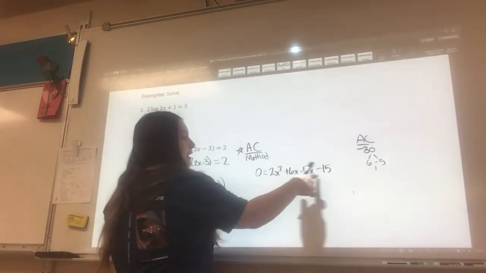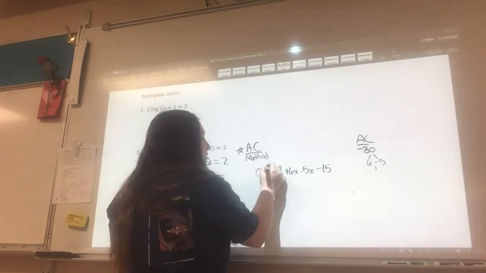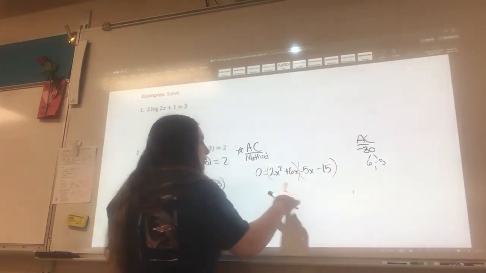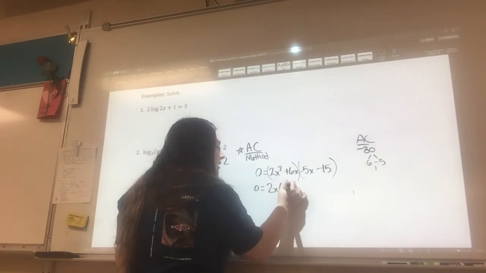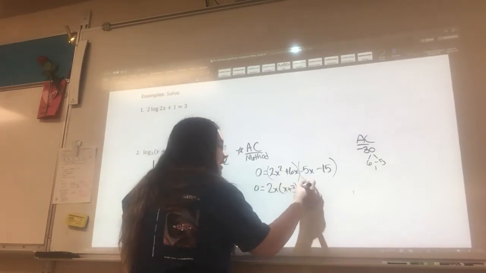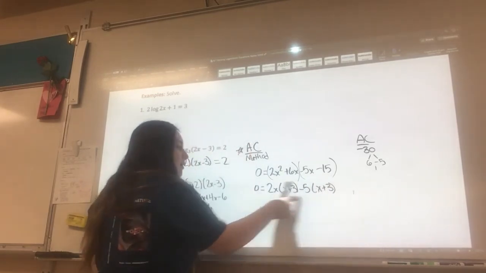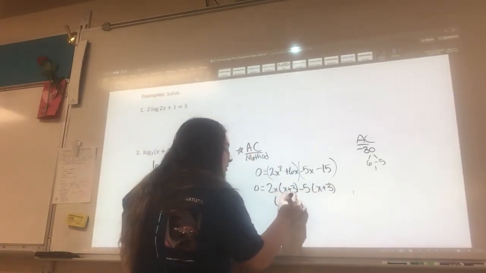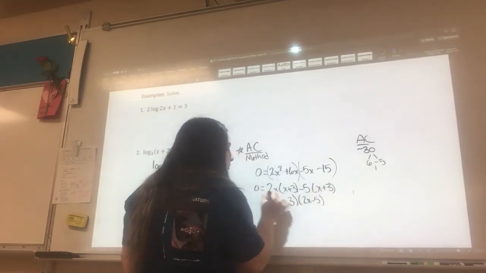Because remember, we are breaking apart the b with the 2 factors. And then we're going to group everything. We're seeing here we can take out a 2x, which becomes an x plus 3. Take out a negative 5, which becomes an x plus 3. Rewrite, we get x plus 3 times 2x minus 5, all equal to 0.